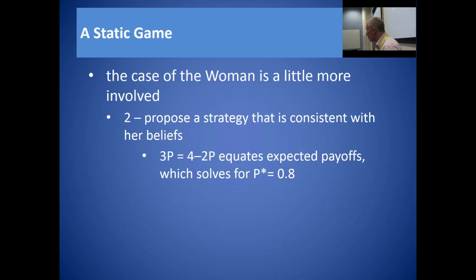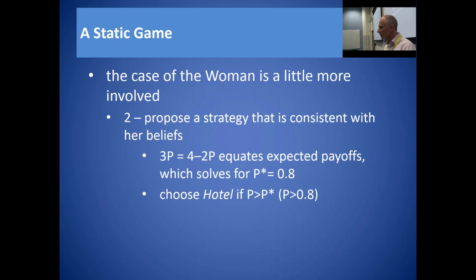And it tells us that when the man is a party lover with a probability exactly equal to 0.8, the woman is indifferent. She doesn't mind what venue she attends, because both will give exactly the same expected payoff.